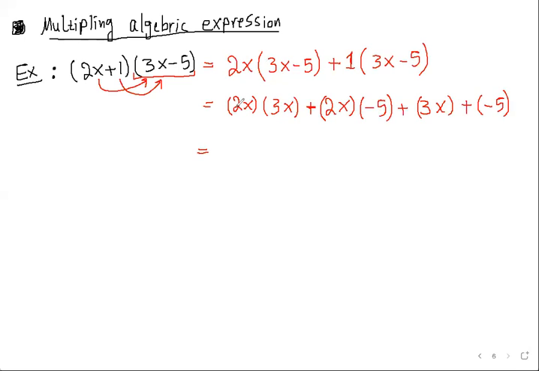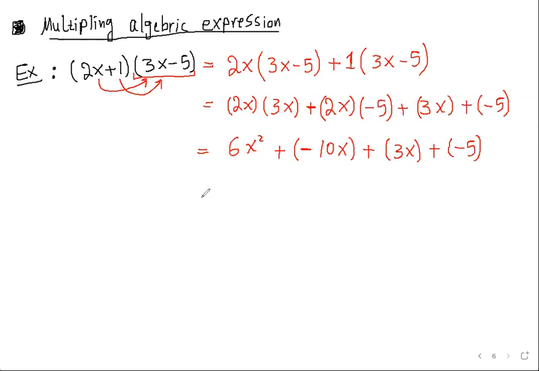Now we simplify it. 2 times 3 is 6, x times x is x squared, plus 2x times minus 5 is minus 2 times 5 is 10x, plus 3x here again, plus minus 5.